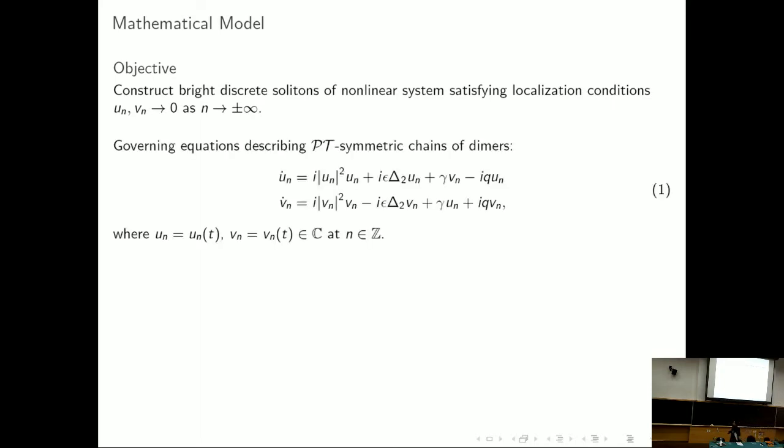So here I can write down the model again. Actually, this is connecting with other work.